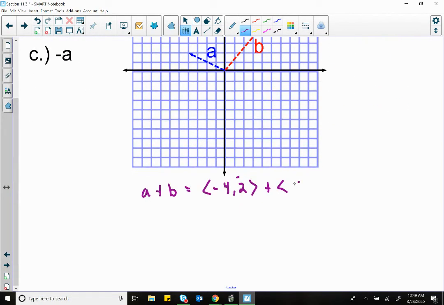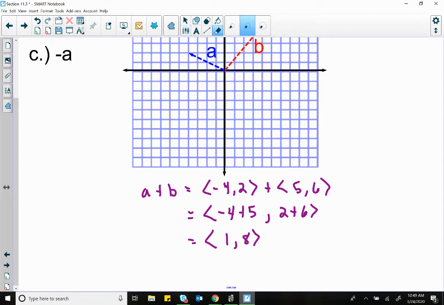And all I'm going to do is put those, quote unquote, x values together and y values together. So the addition vector looks like this: negative 4 plus 5, comma 2 plus 6. So when I add the two vectors together, I get 1, comma 8.